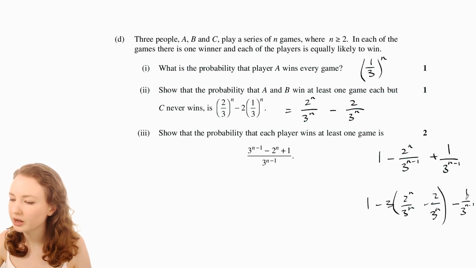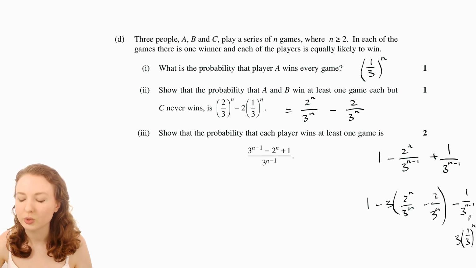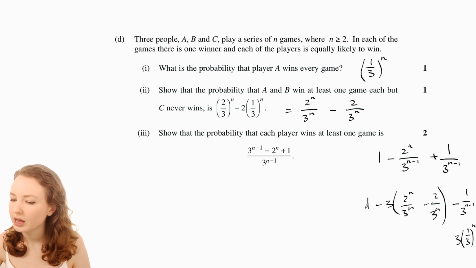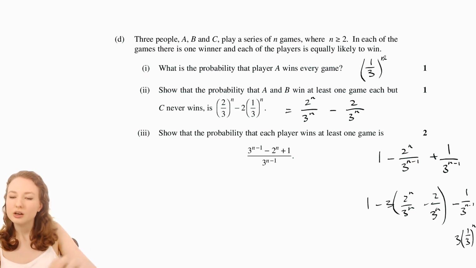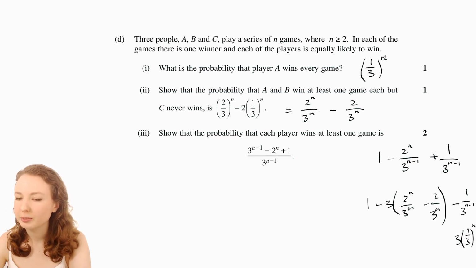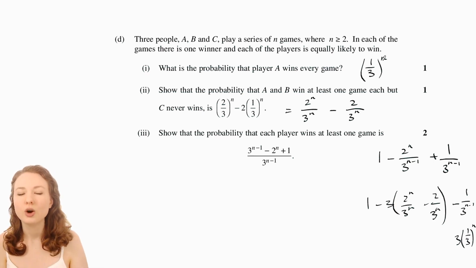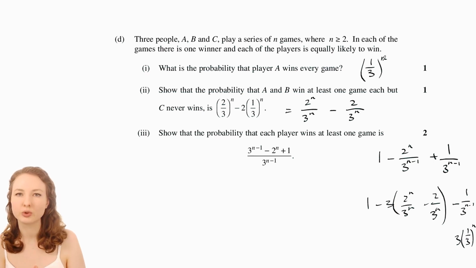So from there you can think, okay, that is actually 3 times the 1 on 3 to the n. So what it looks like is we've got everything except for 3 times that and 3 times that. That's because the 3 things that can happen is that either one player wins every single game.